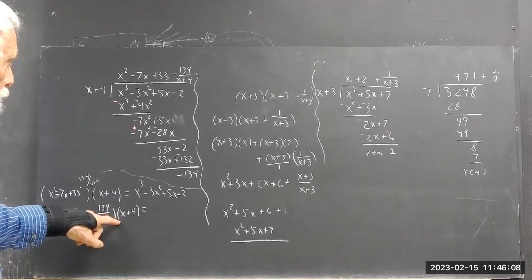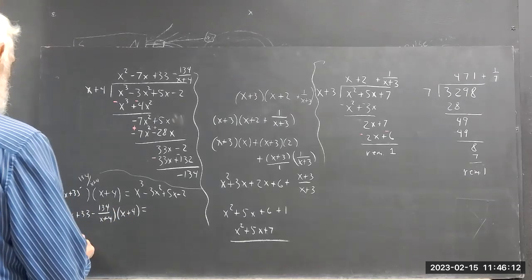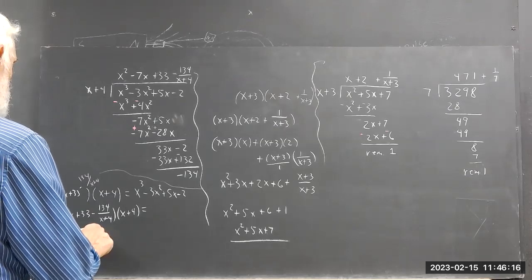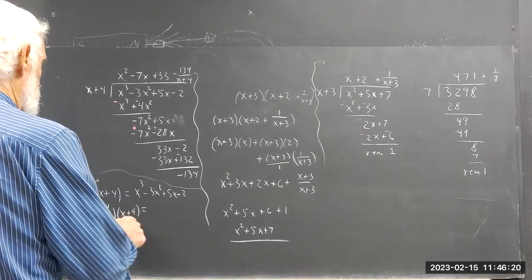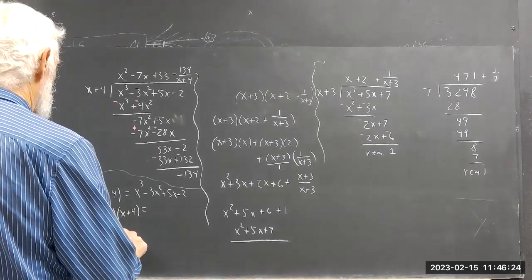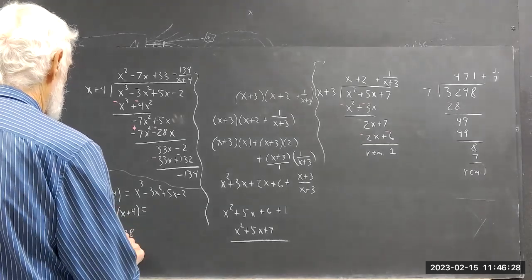It's x squared times x plus 4, right? And that gives me x cubed plus 4x squared. That's from the x squared. And that minus 7x times x plus 4 gives me minus 7x squared plus minus 28x.